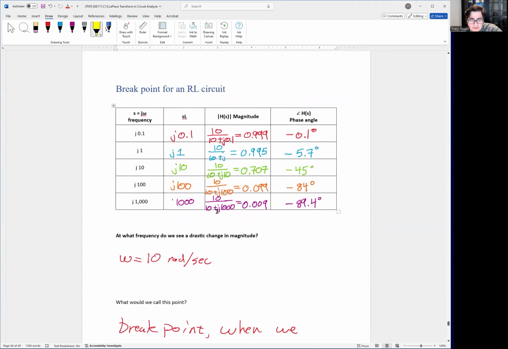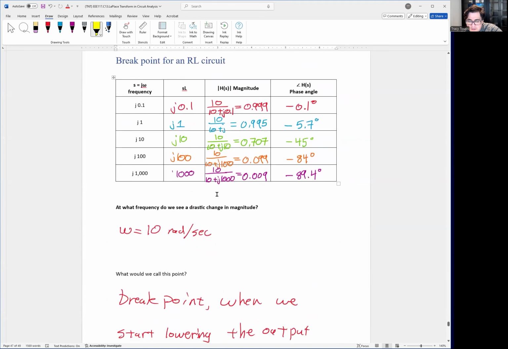So what are the breakpoints, as we call them, or the points where you see drastic changes? Well, we can all agree that at J equals 10, J10 is where we see that big inflection point, right? 1 is where it starts, 100 is where it ends, and 10 is probably the biggest change.